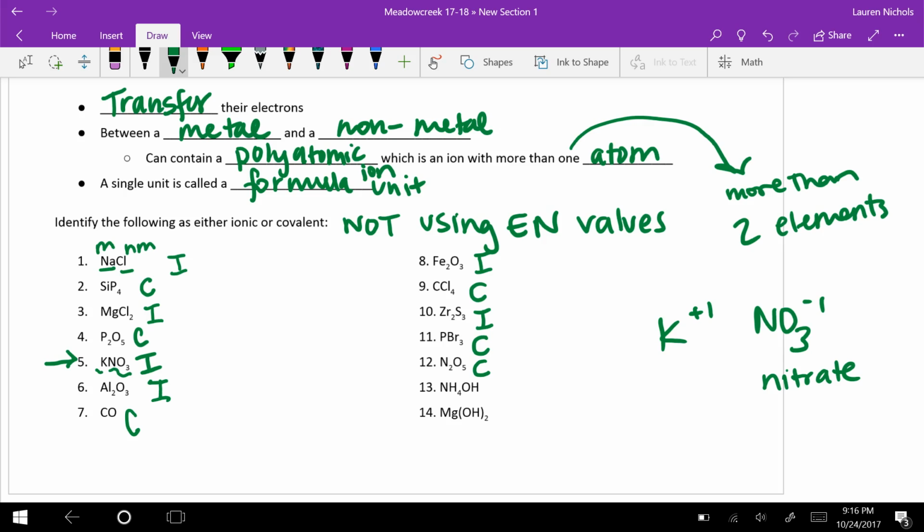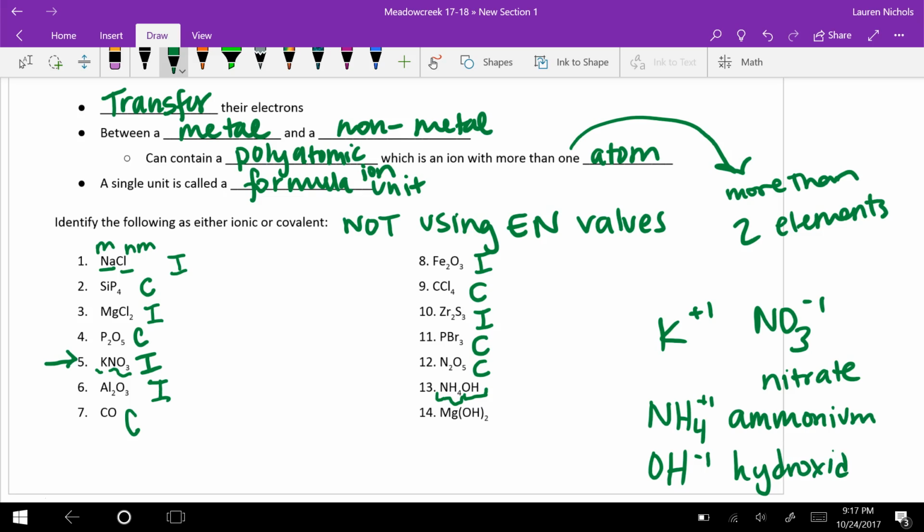And then here we see that we have 1, 2, 3 types of elements. So if we look, this is actually going to have 2 polyatomic ions. If you look on the back of your periodic table, in the first column, you'll see NH4 with a +1 charge, which is ammonium. And you'll also see OH with a -1 charge, which is hydroxide.